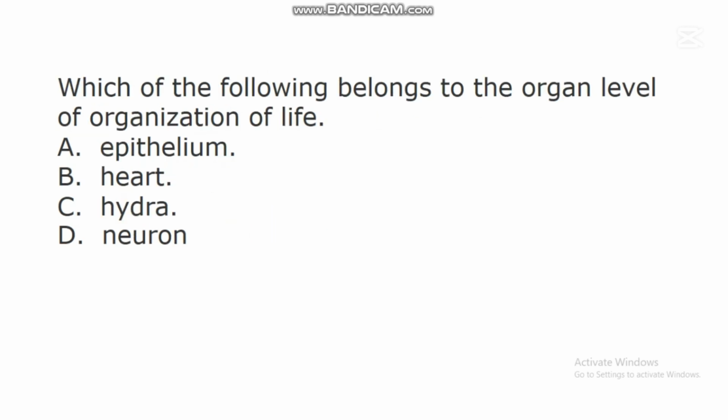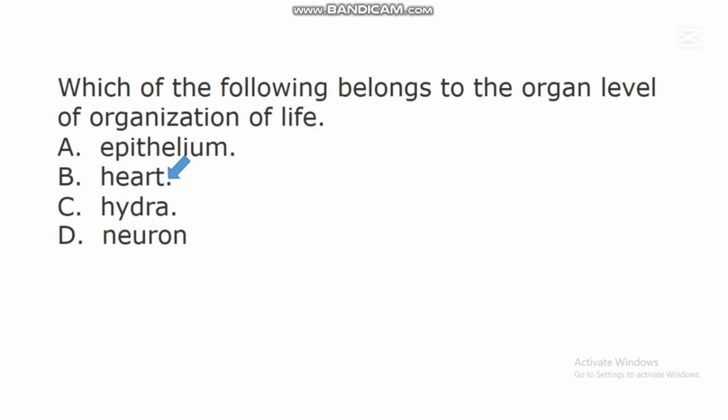The next question says, which of the following belongs to the organ level of organization of life? A. Epithelium. B. Heart. C. Hydra. D. Neuron. In this question, the correct answer is B. Heart.